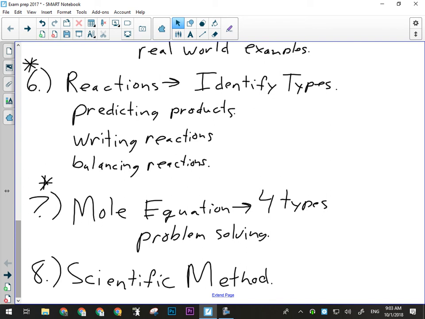All right, so like I said, there's 4 reactions that have to be predicted. Then we have a structure of the atom question, which we talked about already, and then there are 4 mole equation problems. Then we have a question about water. And then there is our wheat from the chaff question, and when you read it, you're going to go, Mr. Coderre, you didn't teach that. And that's okay. That's the reaction that you should have when you read that question.